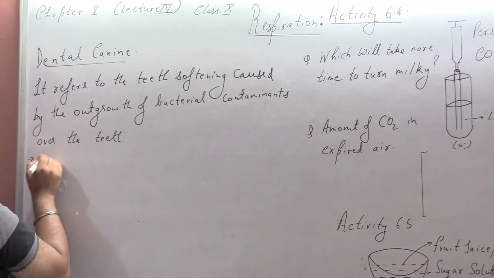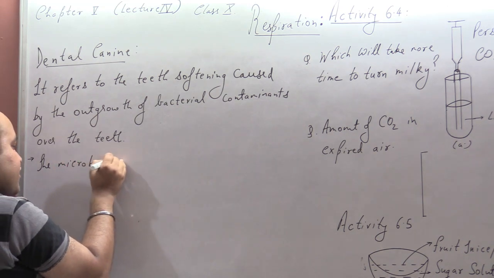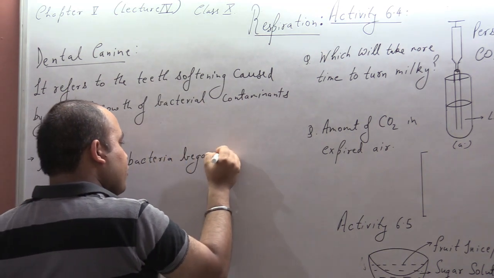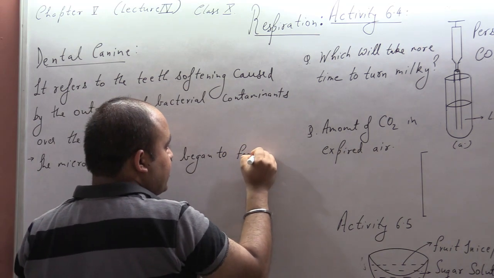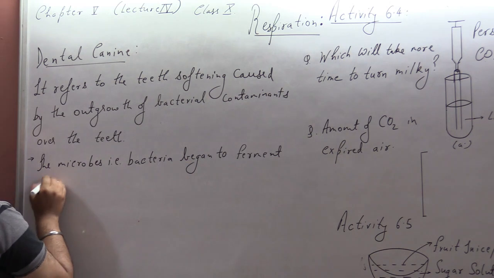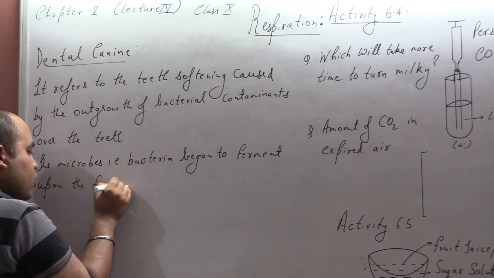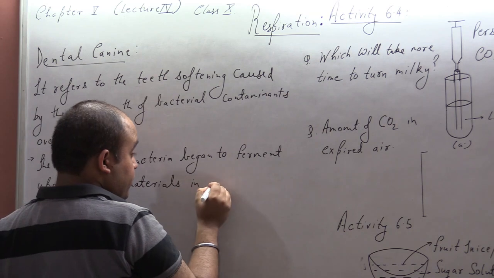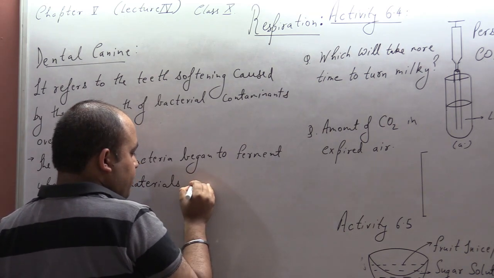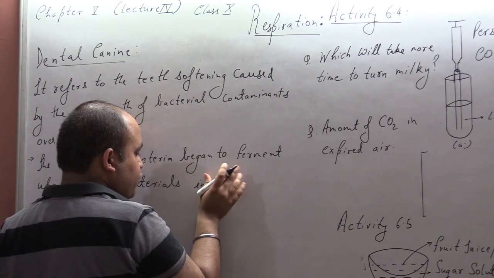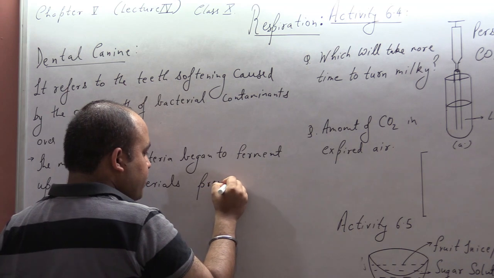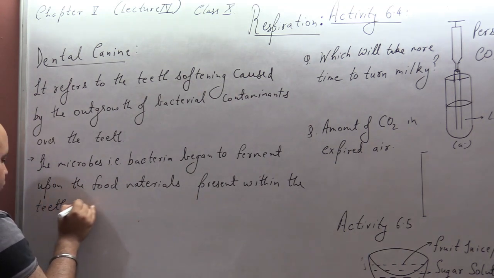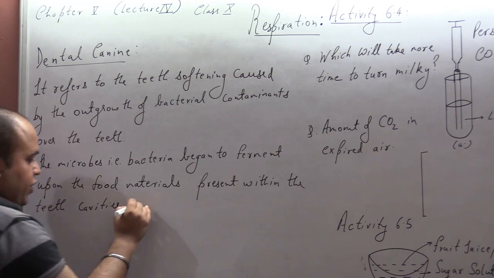The microorganisms, the microbes, that is bacteria, basically begin to ferment upon the food materials lodged within the teeth cavities, producing acids.